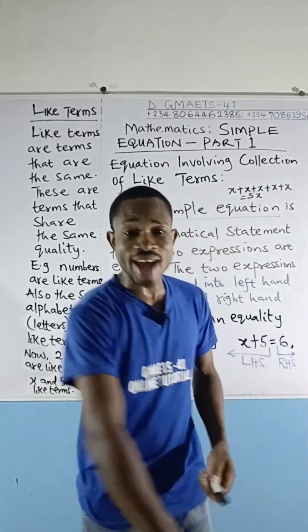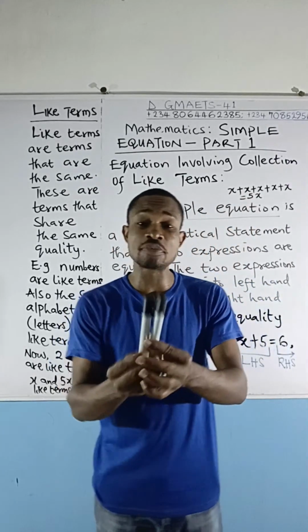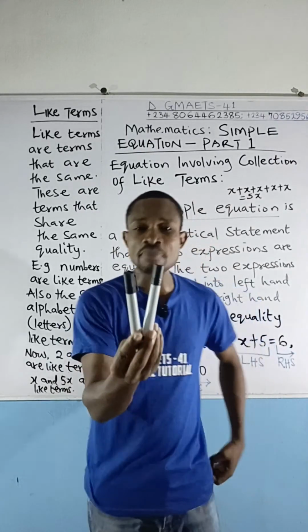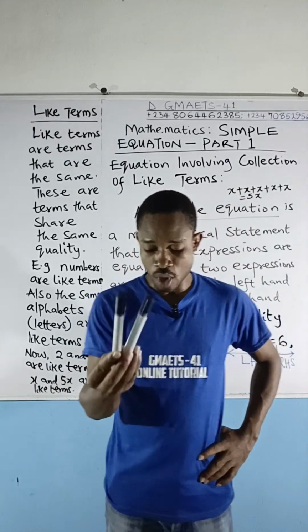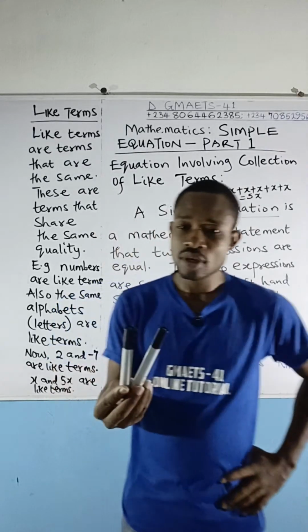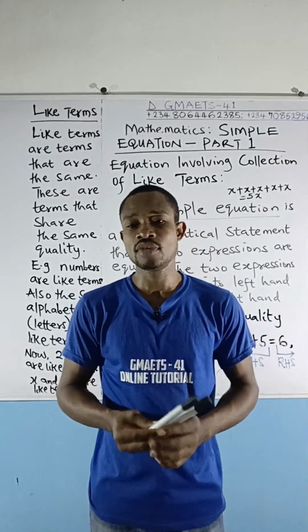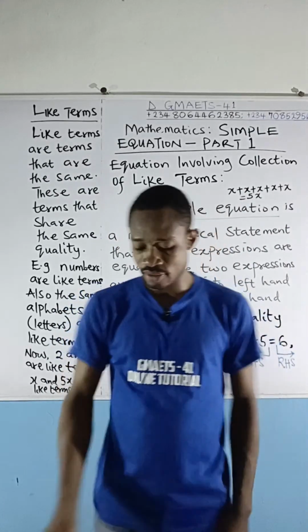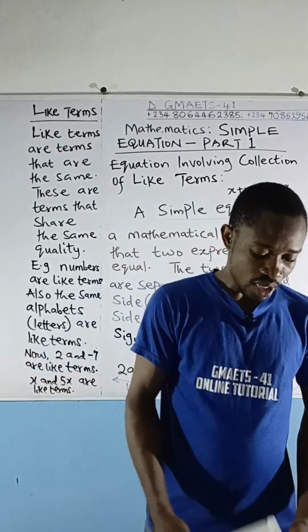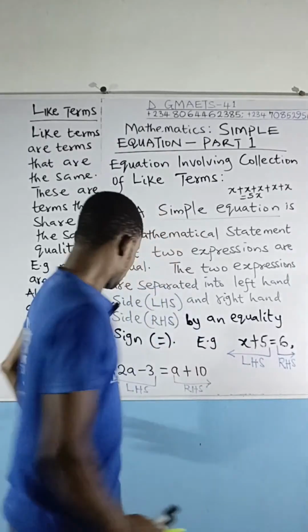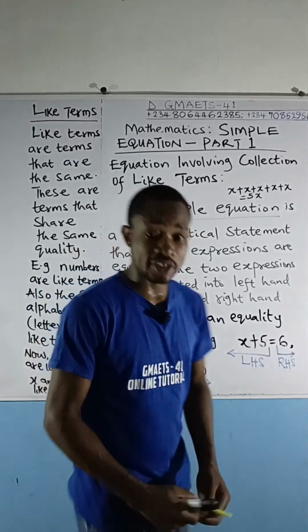It is just like I have this marker and this marker, black markers. They are like terms. If I ask you how many markers do you have here, your answer will be 2 markers. Is that okay? So, you want to take note of that. 5x and x, they are like terms.